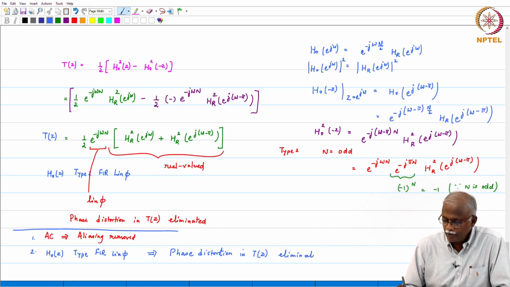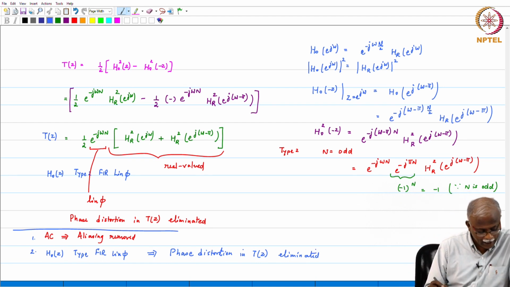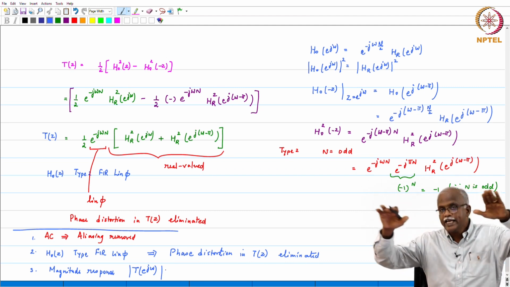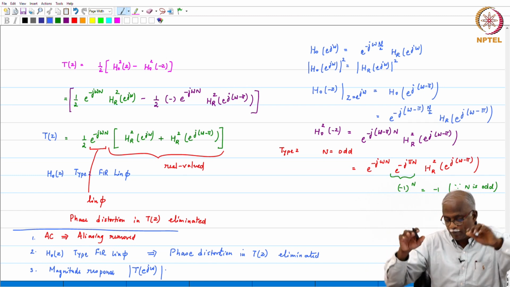So what we are left with is only the magnitude response of the transfer function. The magnitude response, T e to the j omega, we would like it to be as close to a constant as possible, as close to an all pass filter.